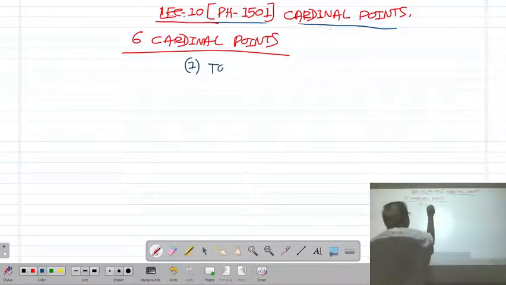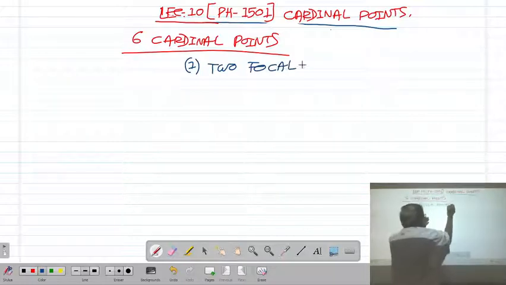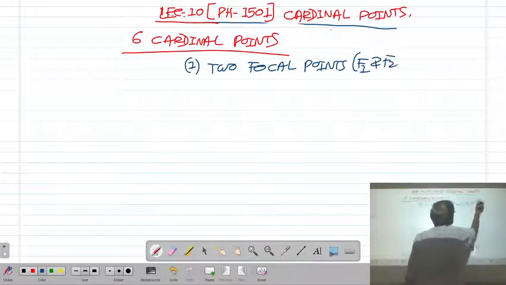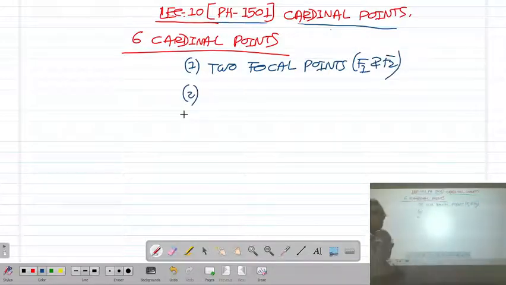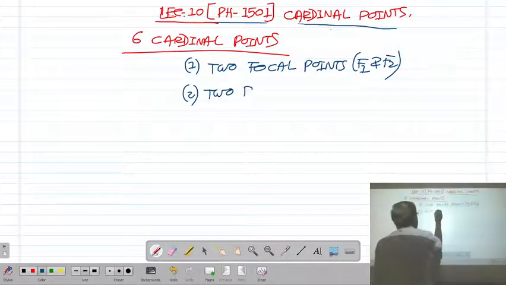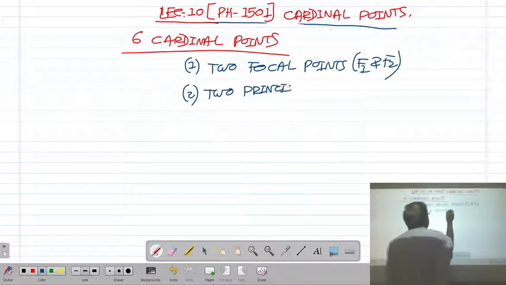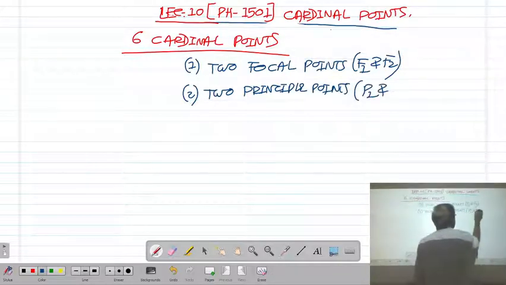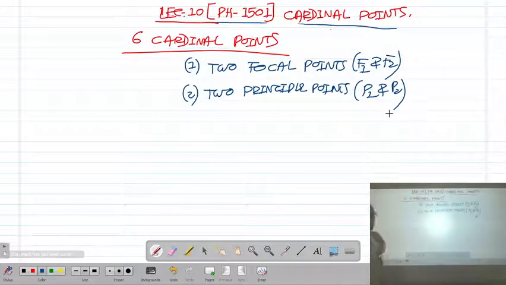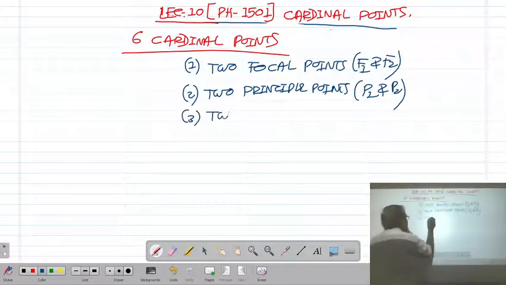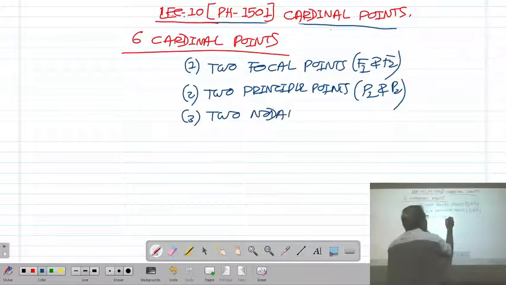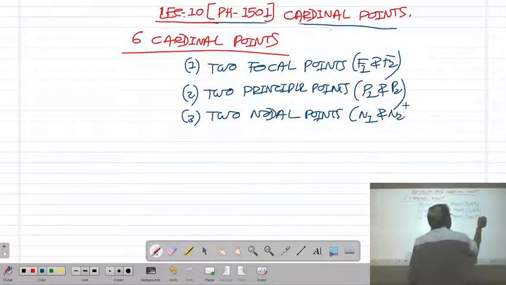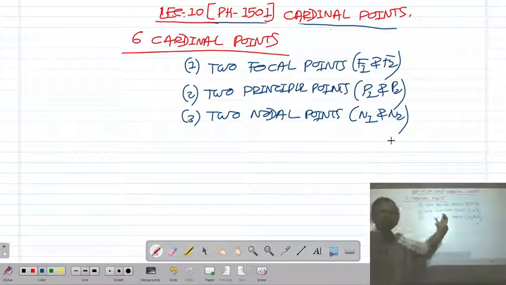Number 1, 2 focal points, F1 and F2. 2 principal points, P1 and P2. And 2 nodal points, N1 and N2. So there are 6 cardinal points which characterize the optical system.